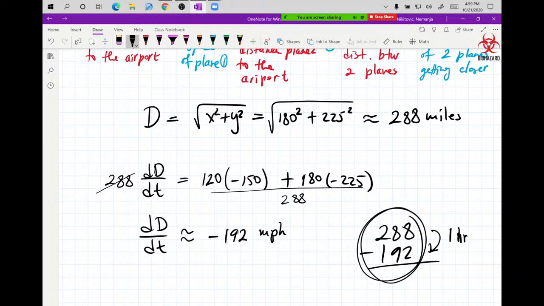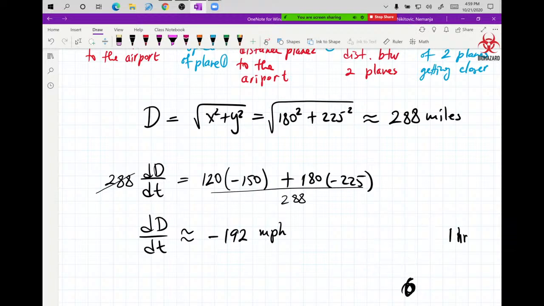So as you can see, the distance is dropping to about 96 miles between them in 1 hour. So it's not like we'll put it off to the side and come back to it later, because within an hour, or less than an hour and 15 minutes, you have to recompute.